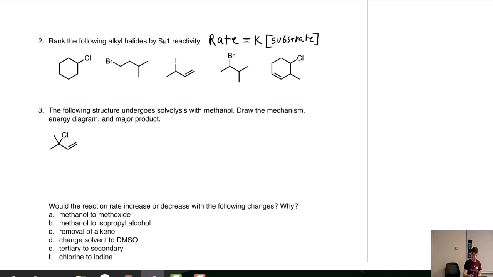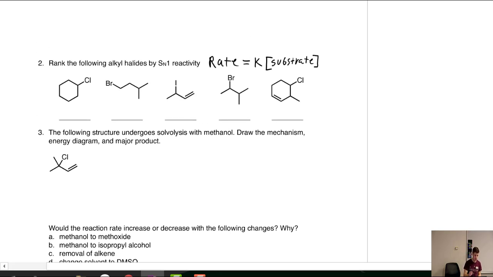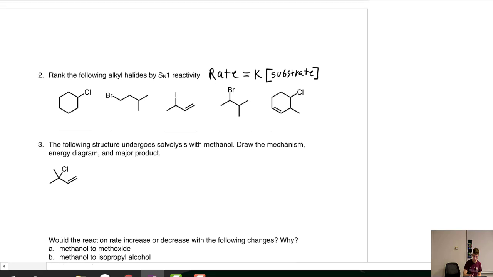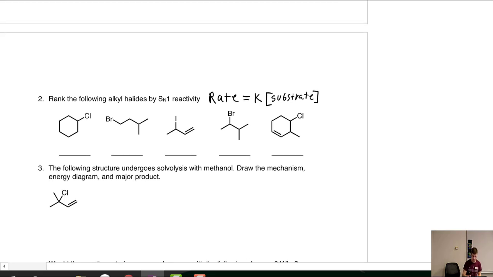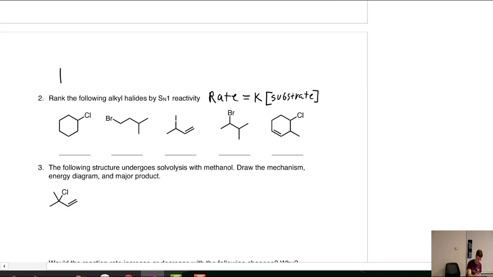So let's look at these. I'm going to draw all the carbocations right above the molecule here. If this chlorine were to just up and leave, you get a secondary carbocation, right?